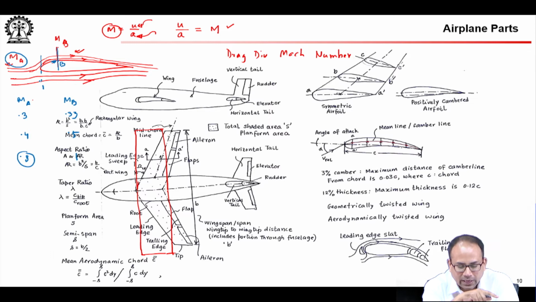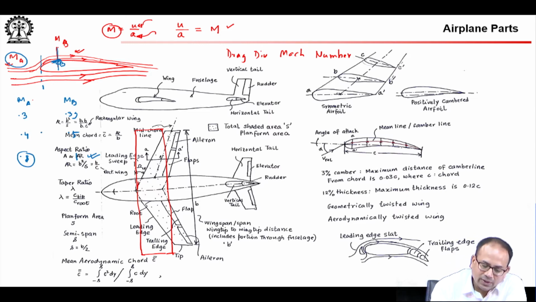So, if you go there and you find your Mach number showing something like 0.8, and you come to the point where the flow has accelerated to the maximum velocity, and Mach number there has become sonic for the first time, then this Mach number is known as Mach critical.